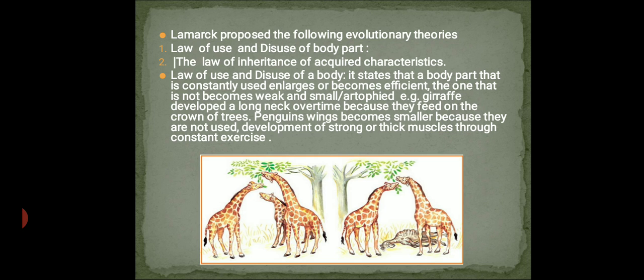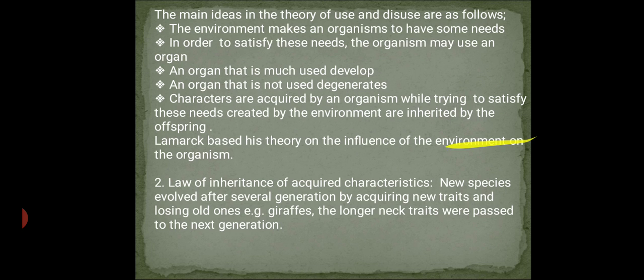If they fail to exercise regularly, the strong or thick muscle developed over time will drop. If you constantly use a body part, that body part becomes developed. And if you fail to use that body part, it becomes weak or small. That is the law of use and disuse of body parts.